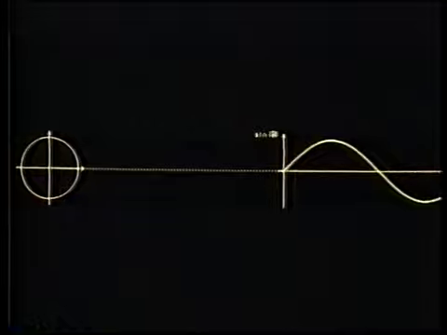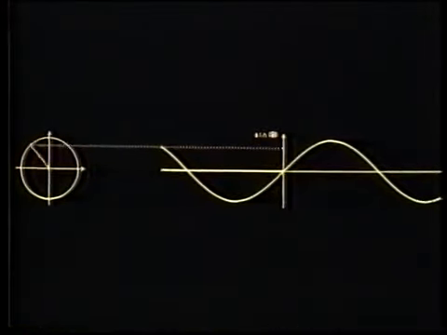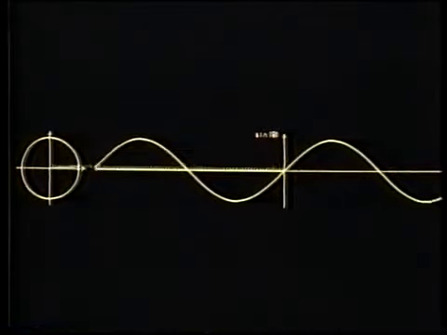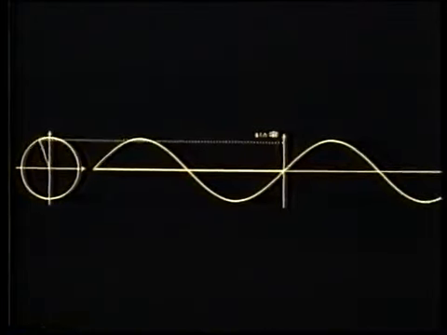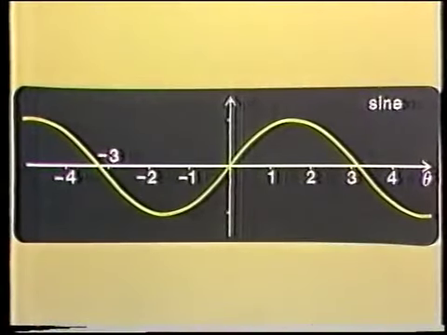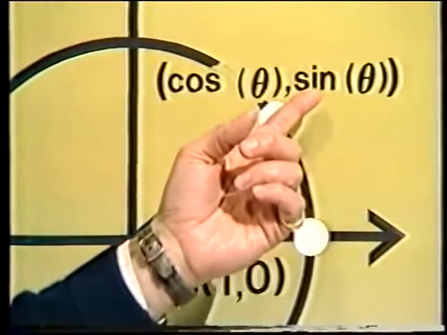To plot the graph for negative theta, we just rotate the point the opposite way round the circle. And so we plot sine theta for all values of theta. So this is the graph of sine, and we found it by using this y-coordinate of the point.